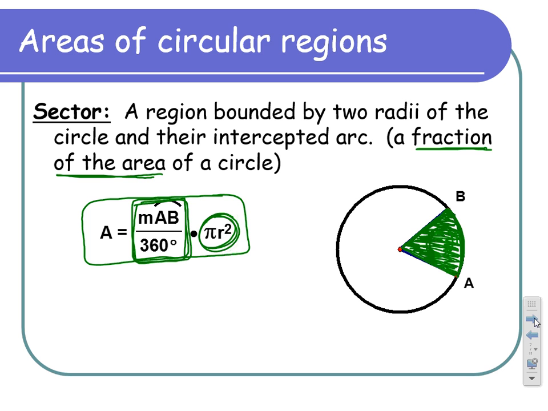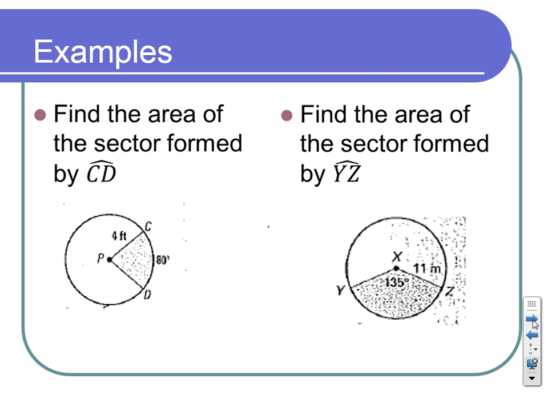Okay, let's look at an example of that. Find the area of the sector formed by arc CD. It's a little hard to tell, but this is a 4, and this right here, I'll rewrite it, is 80 degrees.